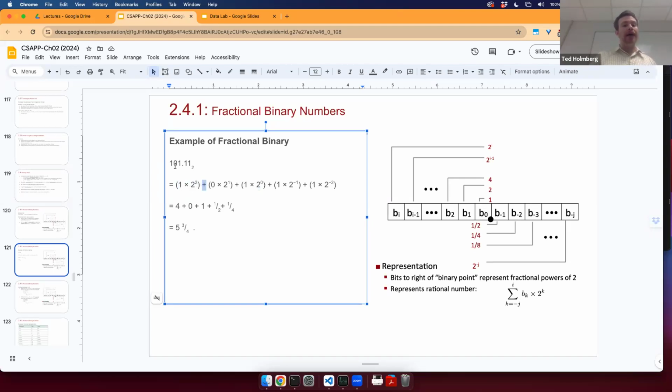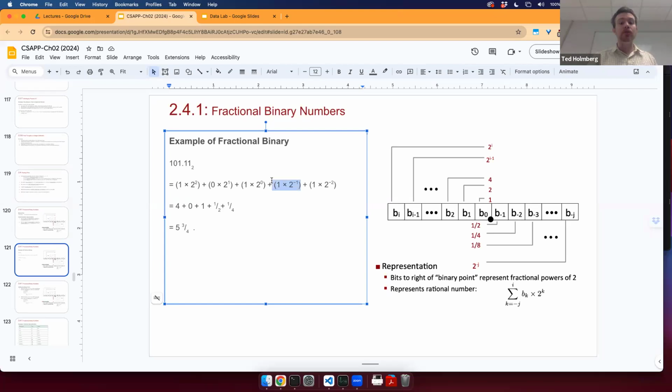Then I add the next term, which is 0 times 2 to the power of 1. Then the next term, my least significant bit to the left of my binary point, is 1 times 2 to the power of 0.